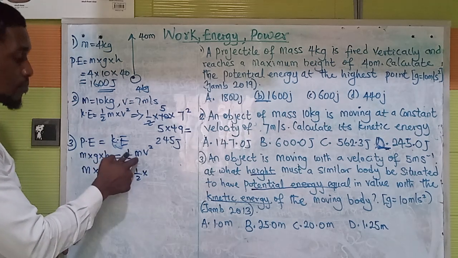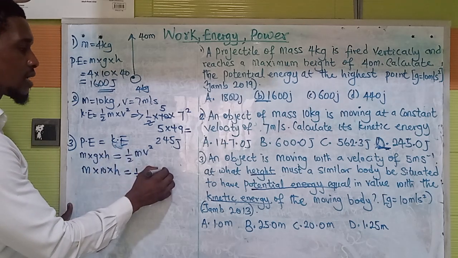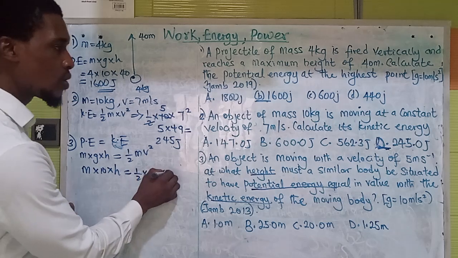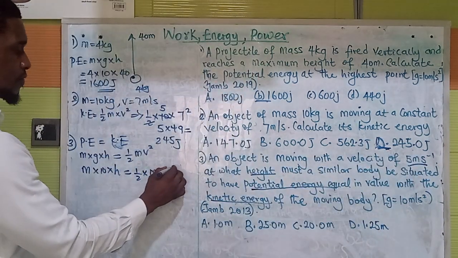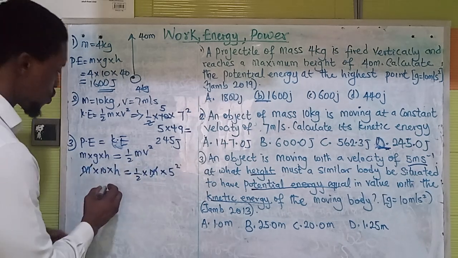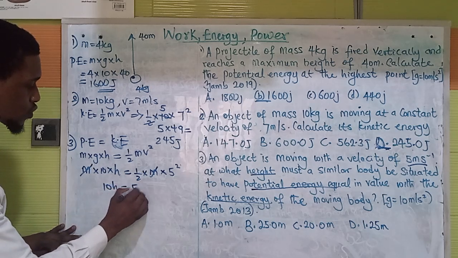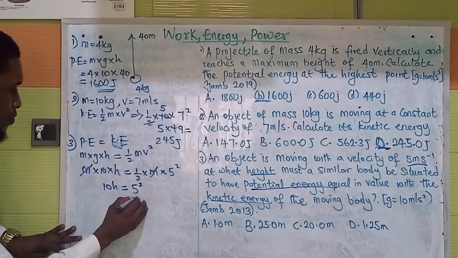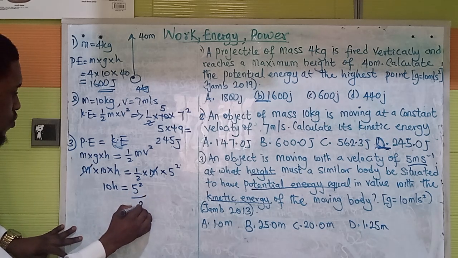Half times the same mass m, times the velocity of 5 meters per second, so 5 squared. From here, m cancels m, so we have 10h is equal to 5 squared over 2.